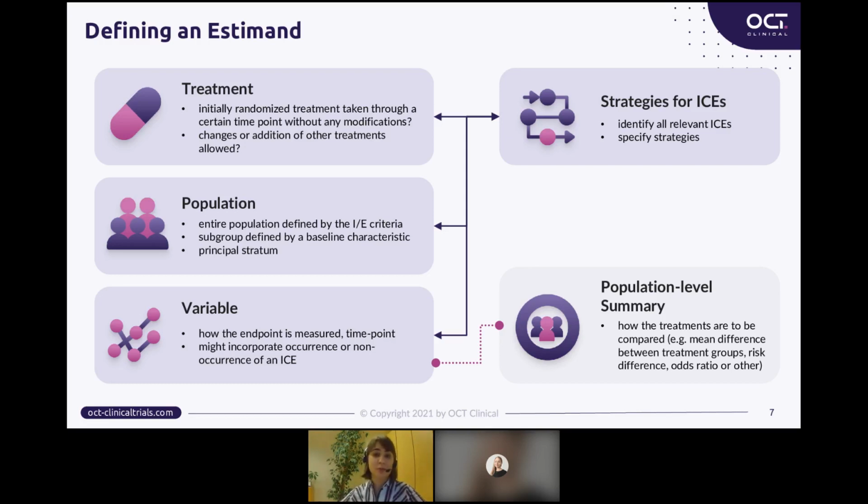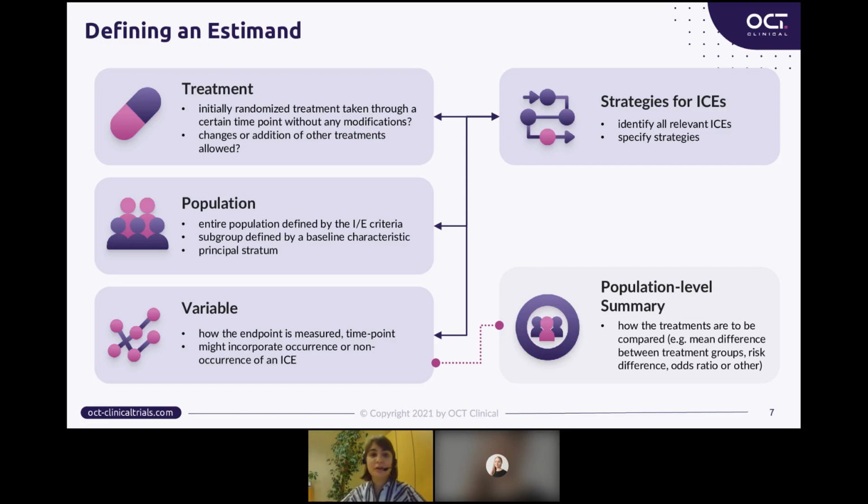You could use treatment policy for the one, and hypothetical for the other, and maybe composite for the third. Finally, the fifth attribute is the population level summary for the variable that provides a basis for comparison. For example, it could be mean or proportion in each treatment group. And comparisons could be performed using mean difference between treatment groups or the difference in proportions.